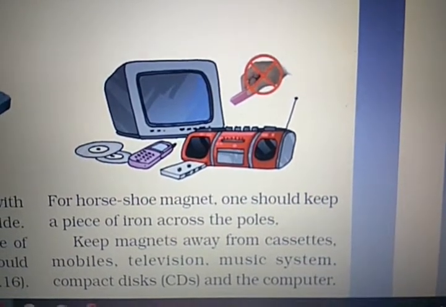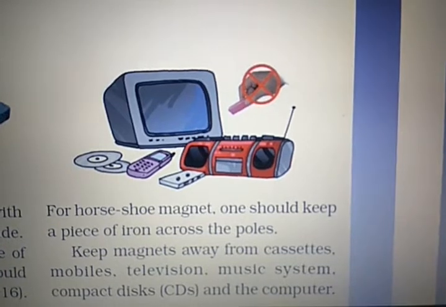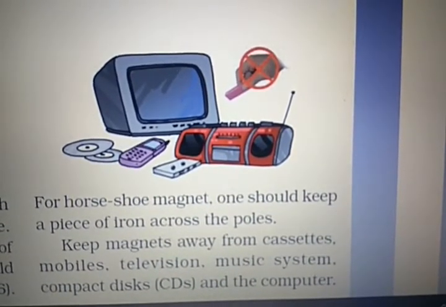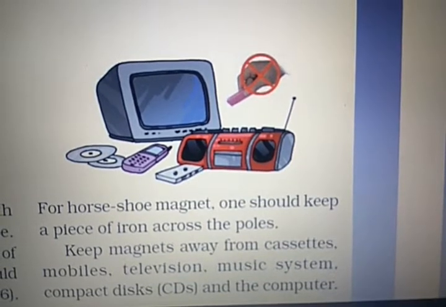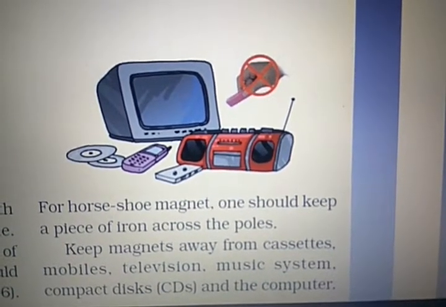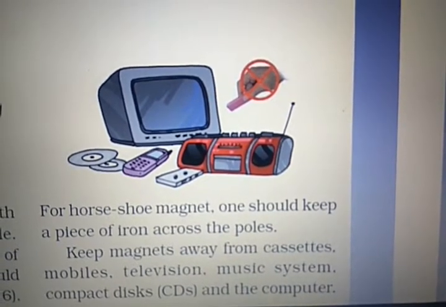Students, another use of the magnet is also in medical science, right? You can find magnetic therapy. People wear a magnetic mala to control blood pressure. Why? Because in human blood iron is there, right?